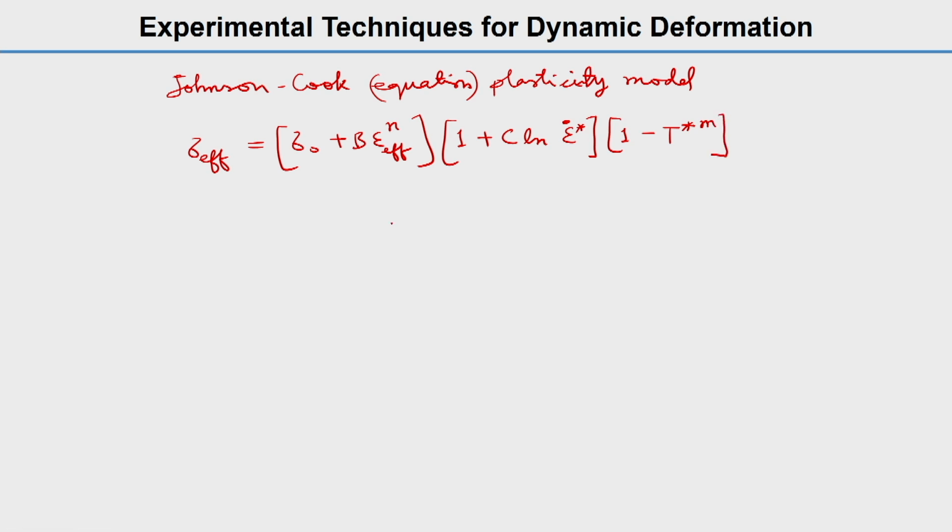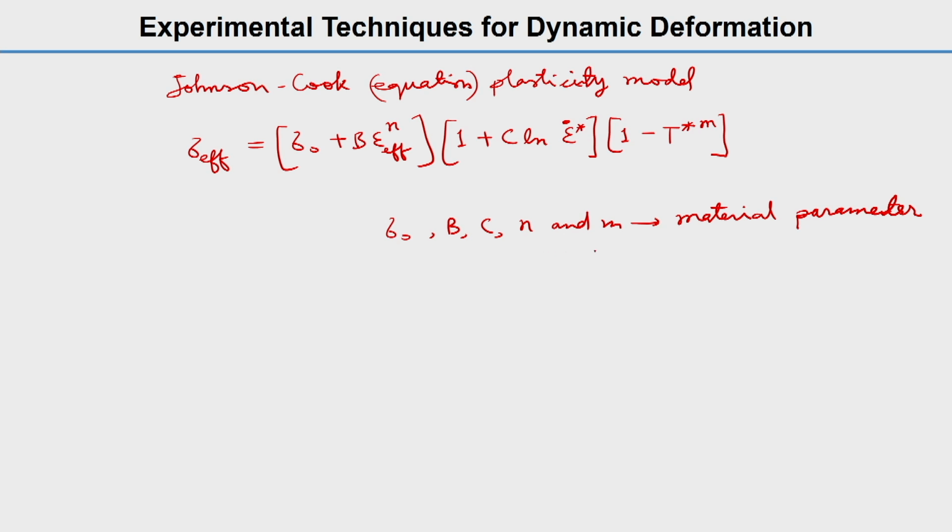Here sigma naught, B, C, n and m are material parameters. That means they are specific to materials, so different materials have different material parameters.